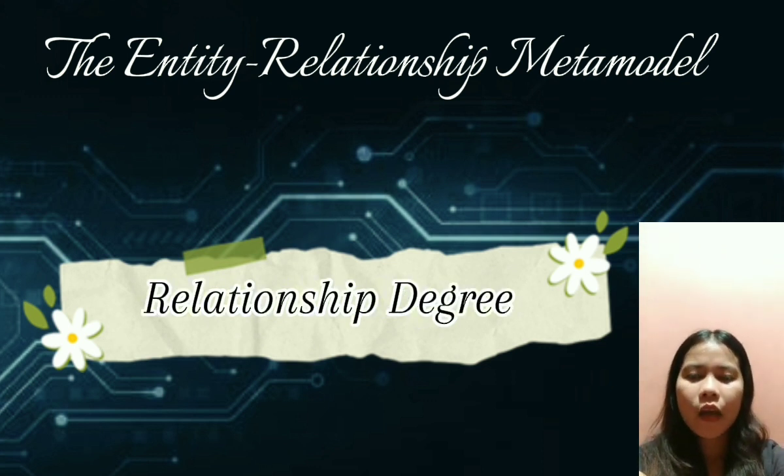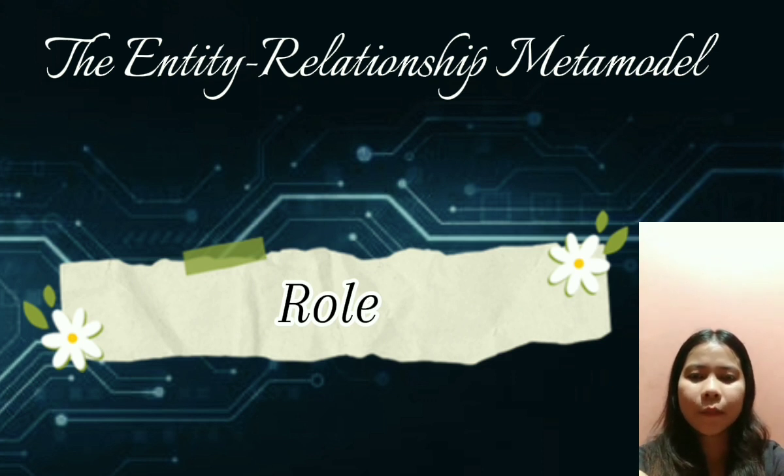Relationship degree defines the number of entities participating in a relationship, and can be binary, or two entities, ternary, or three entities, and so on. Role describes the part an entity plays within a relationship, and specifies the function or purpose of an entity in relationship to another entity.